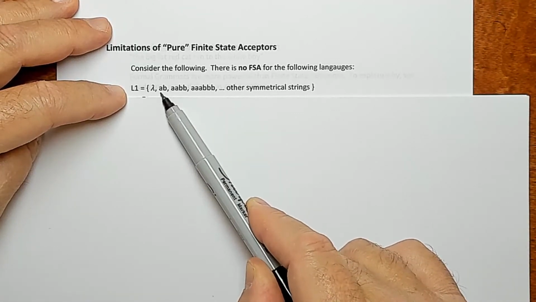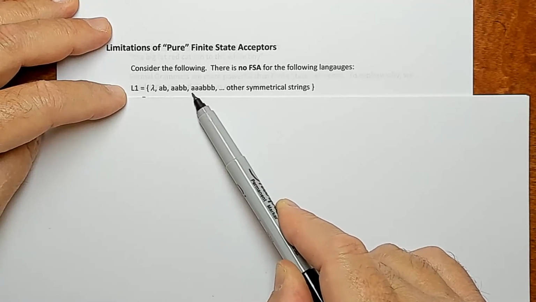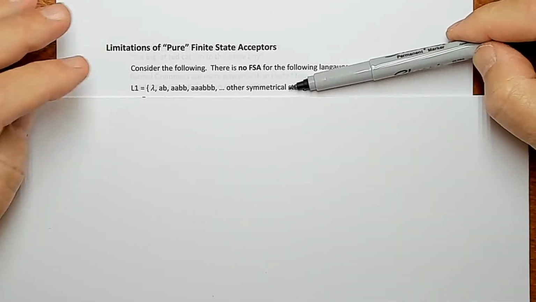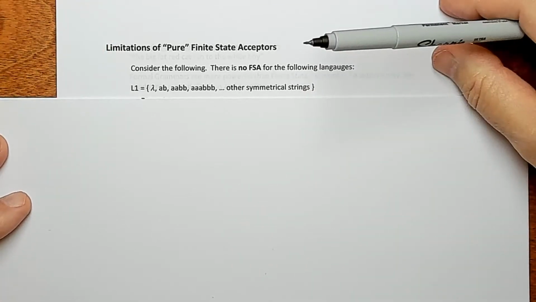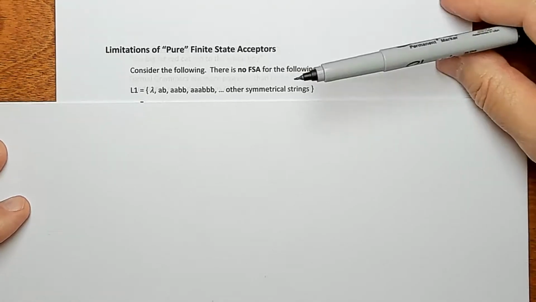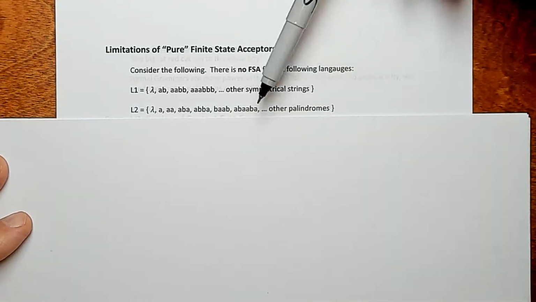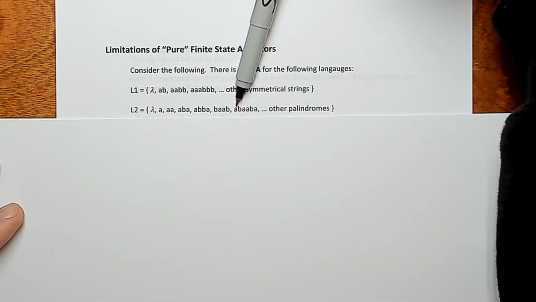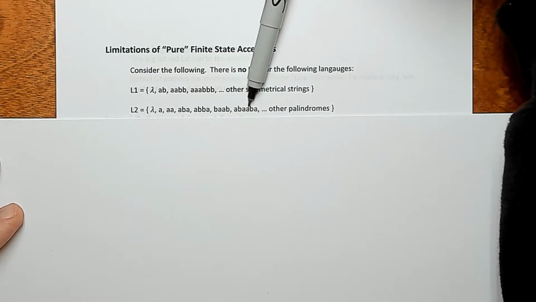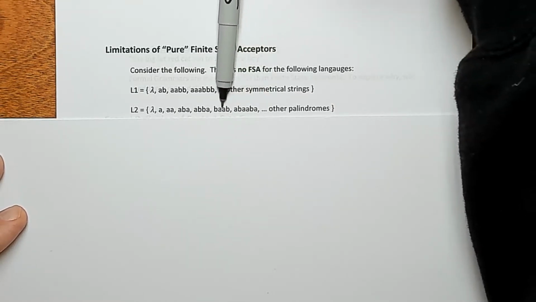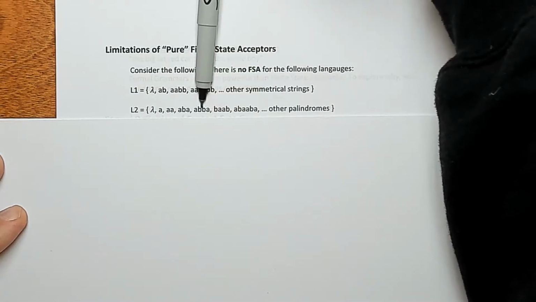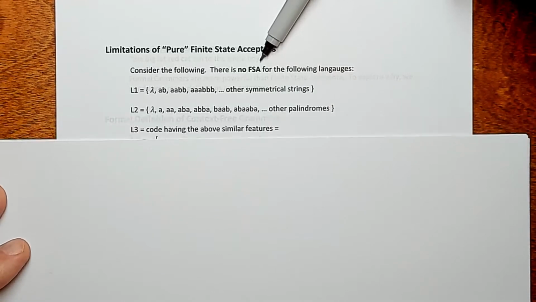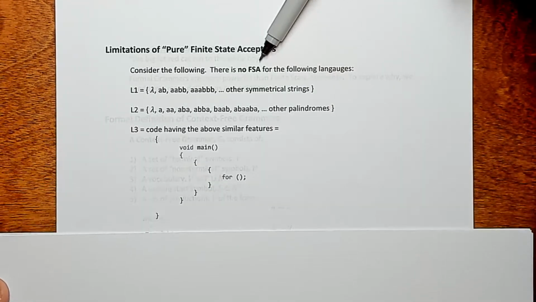So here I have one A on one side and one B, two A's, two B's, three A's, three B's, symmetrical strings, so semi-symmetrical, I suppose. But there's no way to generate an FSA for that. Also for palindromes, things that are mirrors on either side, like radar, or if your alphabet was just A's and B's, it'd be things like ABA. They're the same on either side of the middle, okay? There's no way to generate palindromes with a finite state machine, right?